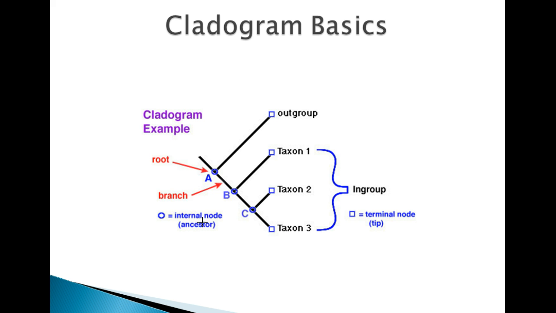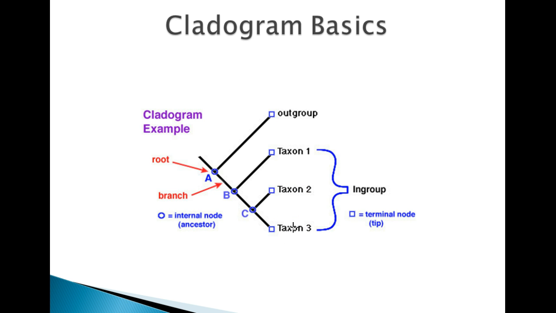So an internal node is the hypothetical last common ancestral population that speciated or split to give rise to two or more daughter taxa. We would call these three daughter taxa right here. Now we also call them sister taxon. All right, so if they're daughters, then they're sisters as well. So they're daughters of the internal node ancestor, so these would be sister taxa.